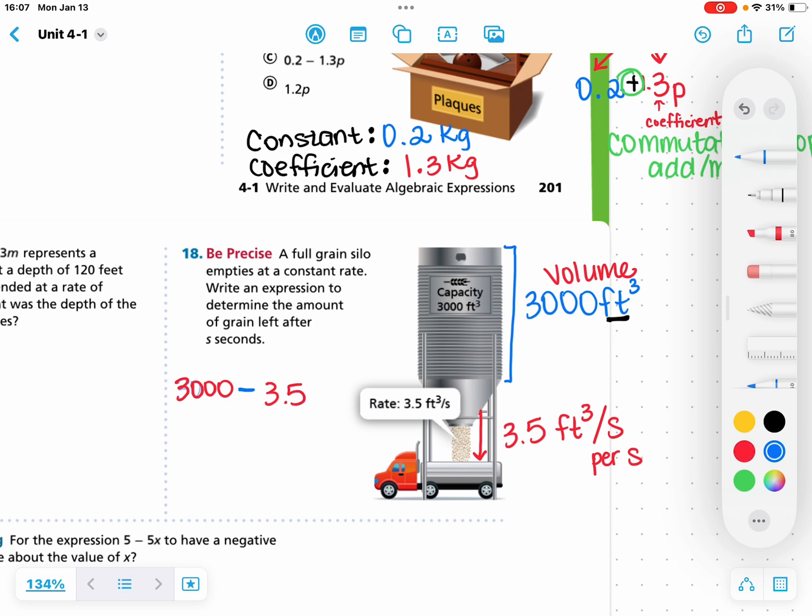Now, I said it before, that word per means multiply. So per S means times S. Since we're just using a letter, though, we don't need that multiplication symbol. All we need is that letter S. That's it.